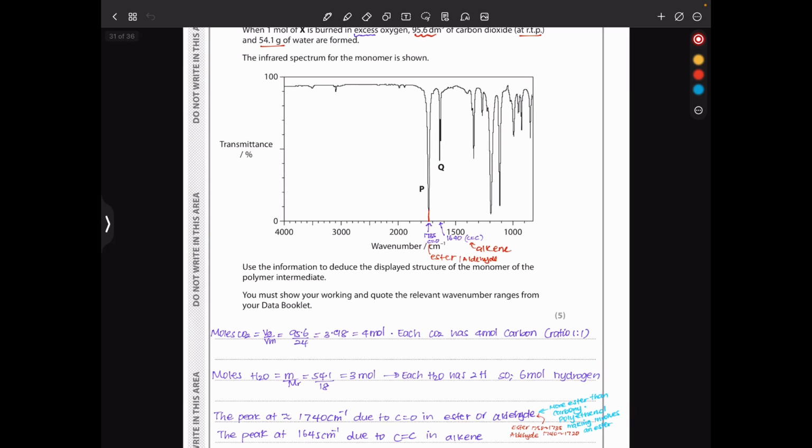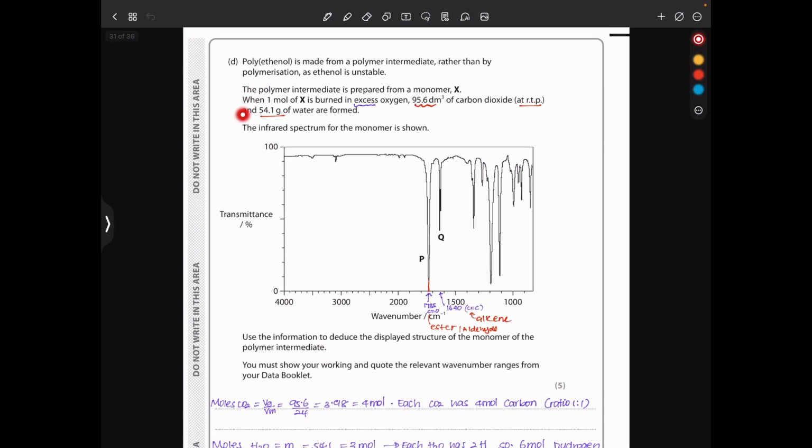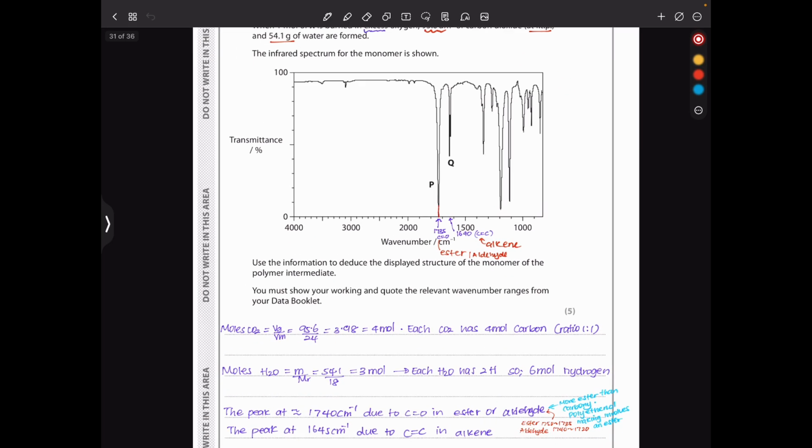So we see there is this peak P, which I saw at about 1735, 1740. This could be an ester or an aldehyde, C=O for ester or aldehyde. And there is peak Q, which is about 1640, due to a carbon-carbon double bond, like in alkenes. So I used this information here to find the number of moles.